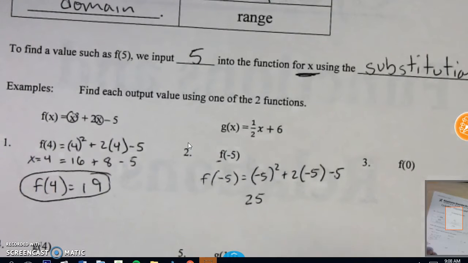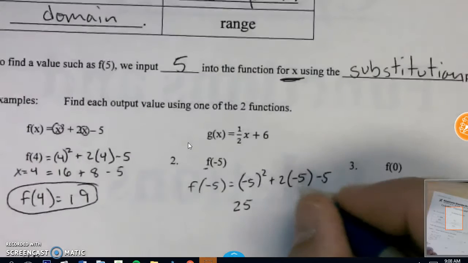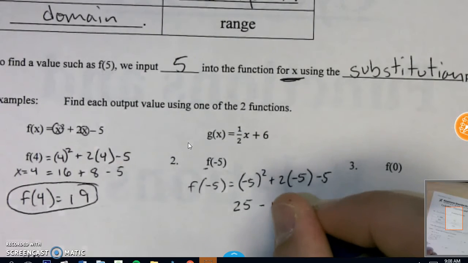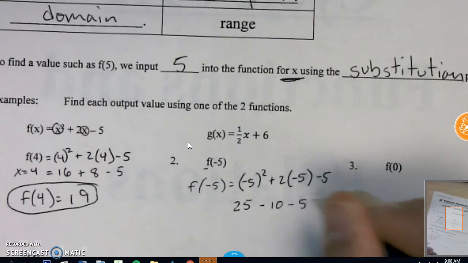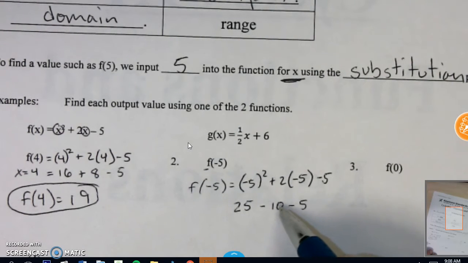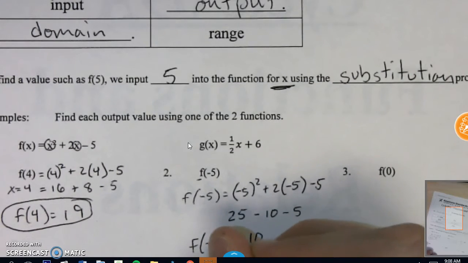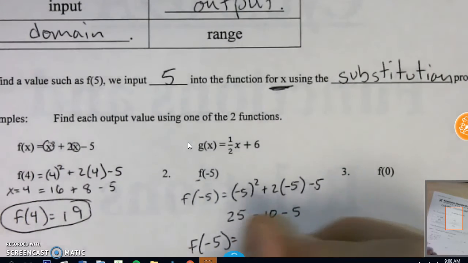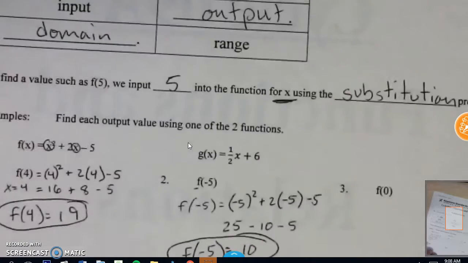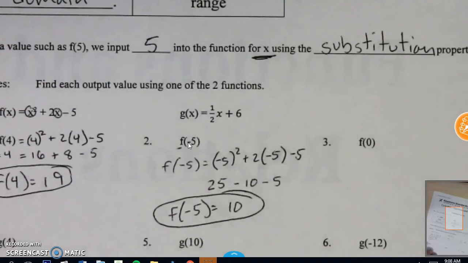So use parentheses. Then we have minus this 10 and then minus 5. So 25 minus 10 and then minus another 5 ends up getting us a value of 10. So we have f of negative 5 is equal to 10. That's function notation. Big key here is use parentheses when you're substituting in.